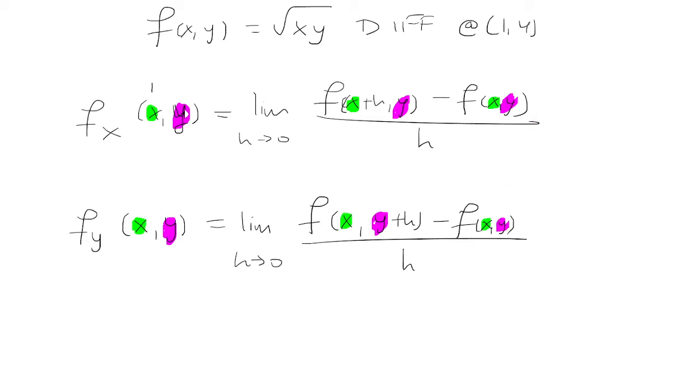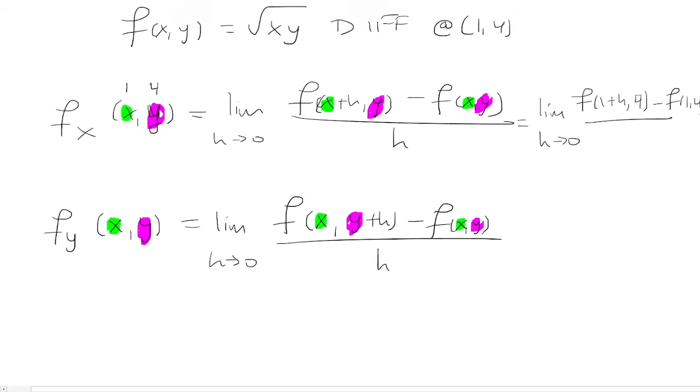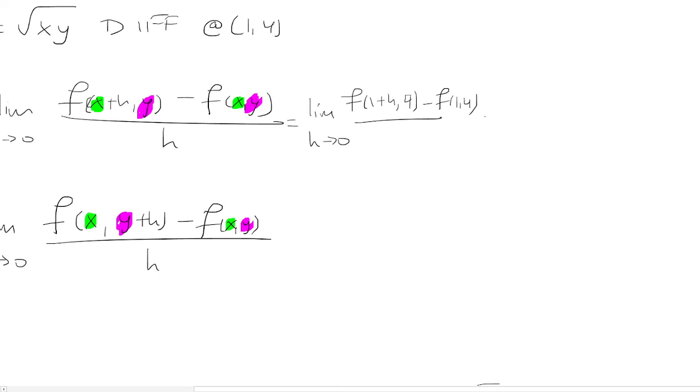Okay, so let's start off with the derivative with respect to x first. So we'll have the limit as h approaches 0. X we set as 1, so it's f of 1 plus h comma 4 minus f of 1 comma 4, all over h.